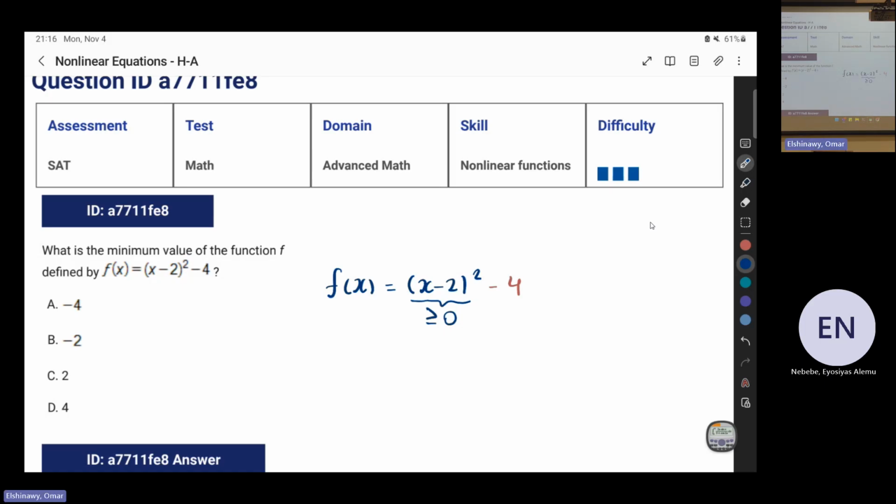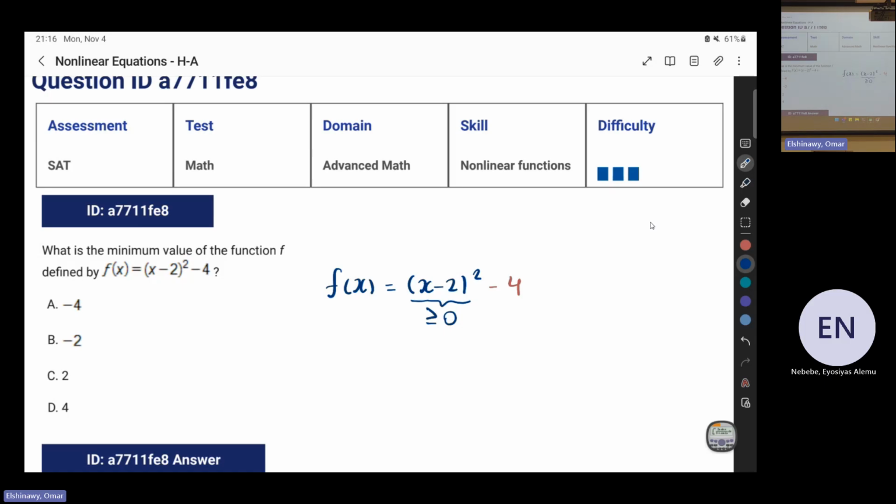It says the minimum value of the function f defined by f of x. How do you know that it's C? We cannot get the minimum value from the value we plug into the function, because we don't want the minimum point. We want the minimum value.